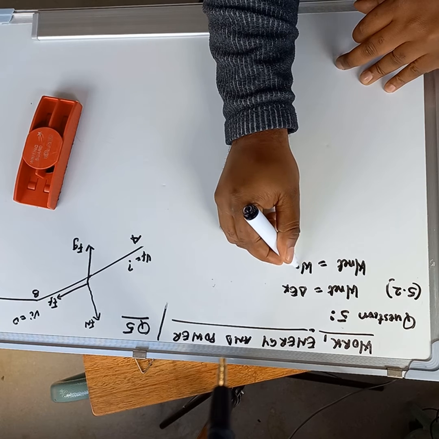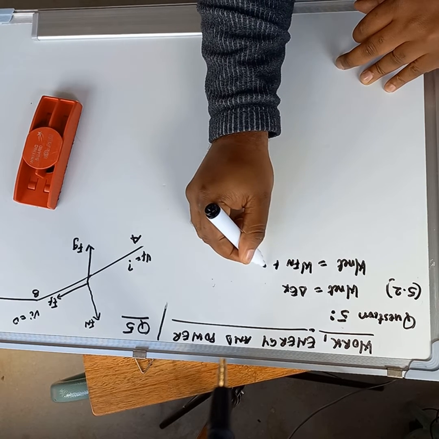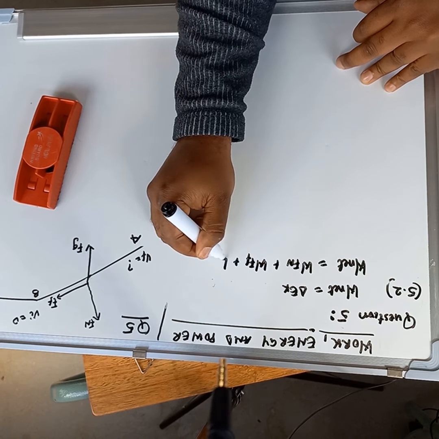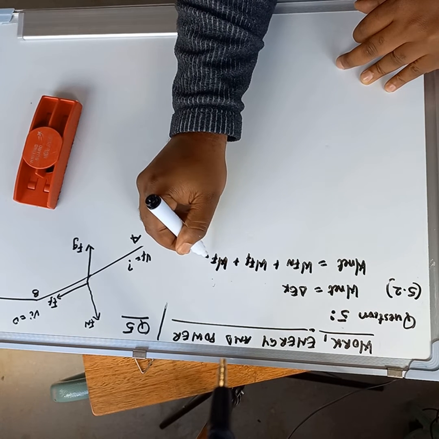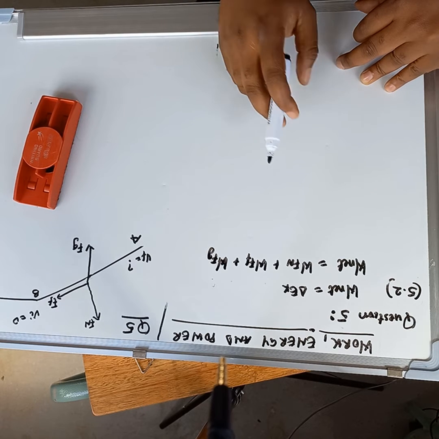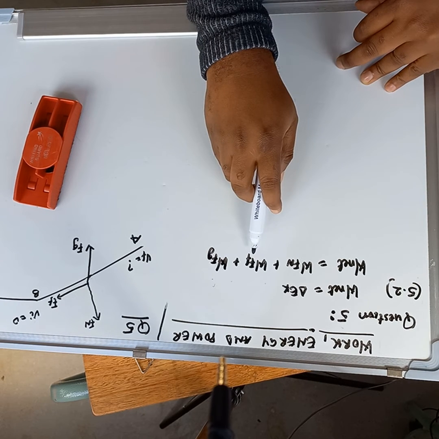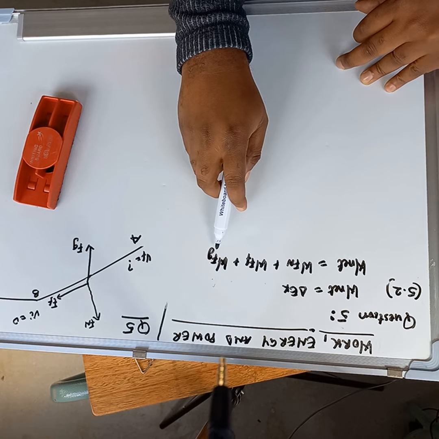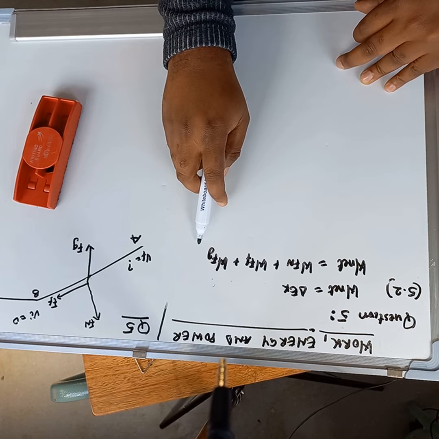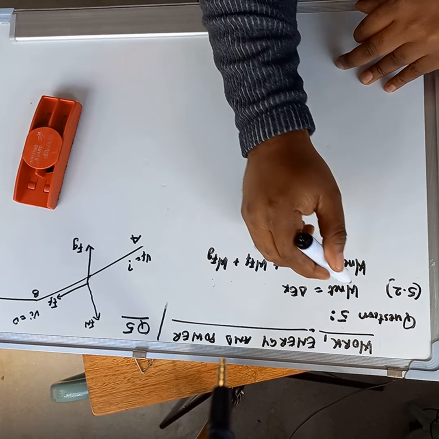In other words, work done by the normal force plus work done by the frictional force plus work done by the gravitational force. In this instance, we are given the frictional force and all the information to calculate the work done by gravity. So this is the easiest route for us to follow in this example.